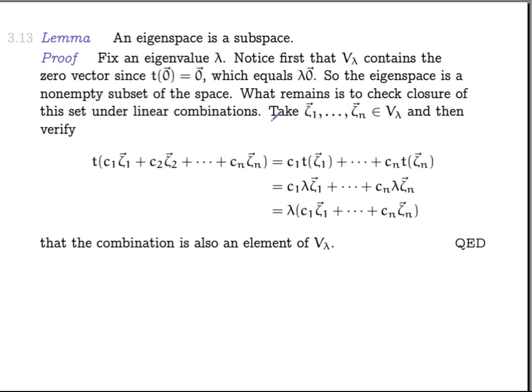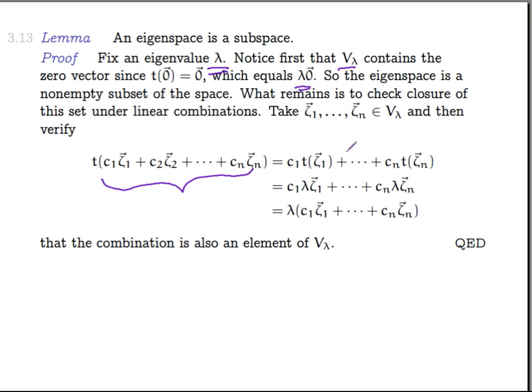So if we take any collection of eigenvectors corresponding to this eigenvalue lambda, we want to show that this linear combination of eigenvectors is itself an eigenvector. So let's apply the transformation T to this linear combination of eigenvectors. Since T is linear, we can break it up term by term. And then we can use the fact that each individual zeta is an eigenvector: T applied to zeta 1 is lambda zeta 1, all the way up to T applied to zeta n, which is equal to lambda times zeta n.